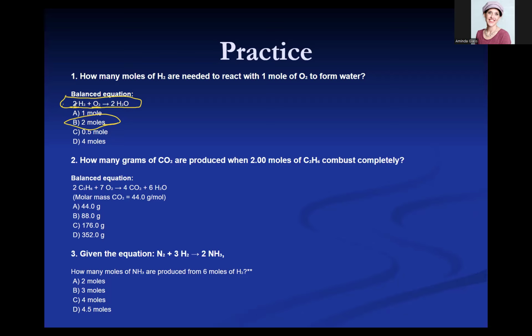2. How many grams of carbon dioxide are produced when 2.00 moles of C2H6 combust completely? And you have your balanced equation right here. How many grams of CO2? So we're looking for grams of CO2 for this one. We're starting with 2.00 moles of C2H6.